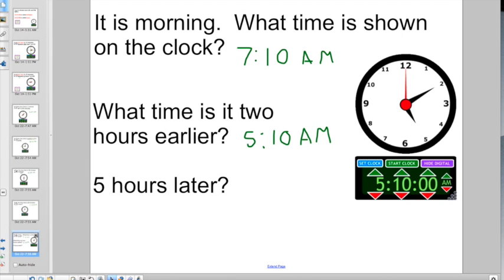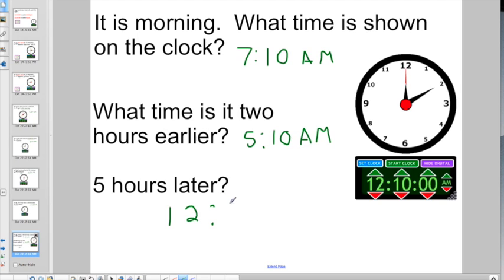What time is it 5 hours later? So let's get back to 7:10 and now think what's 5 hours later. 1, 2, 3, 4, 5. It is 12:10. 7 plus 5 more is 12.